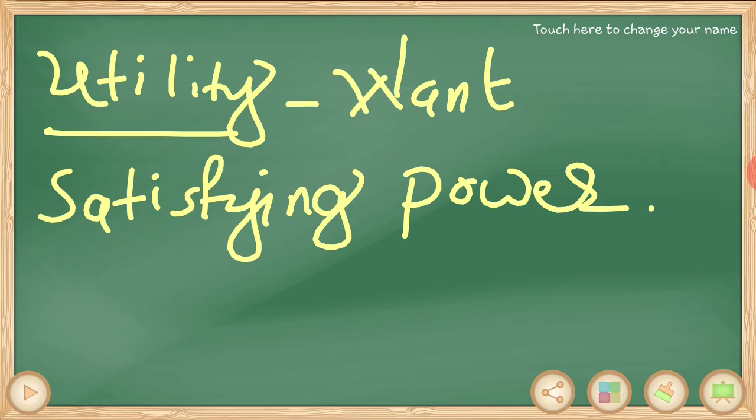Listen, the term utility does not mean satisfaction. Every commodity or service has its own utility, but satisfaction is derived only after the consumption of that particular commodity. That means satisfaction denotes realized satisfaction. That is a very interesting point. Utility also does not mean usefulness.